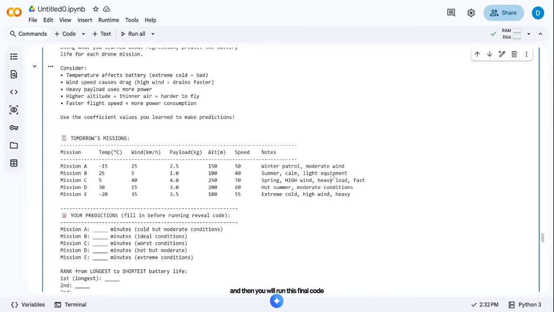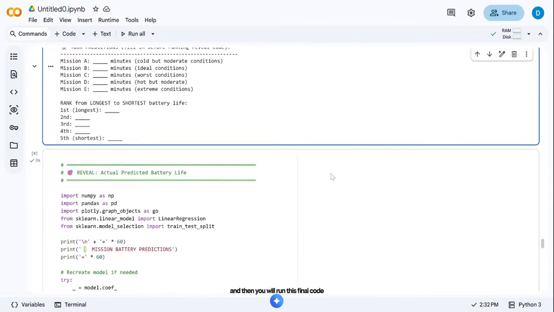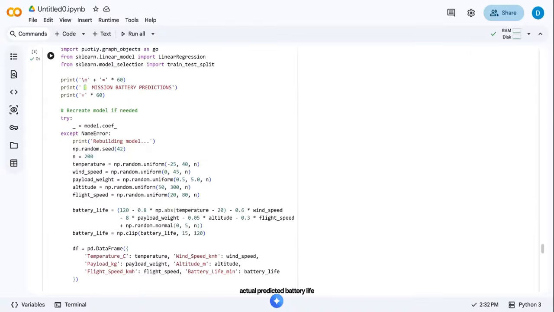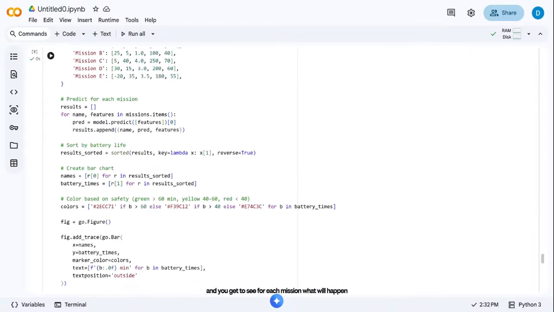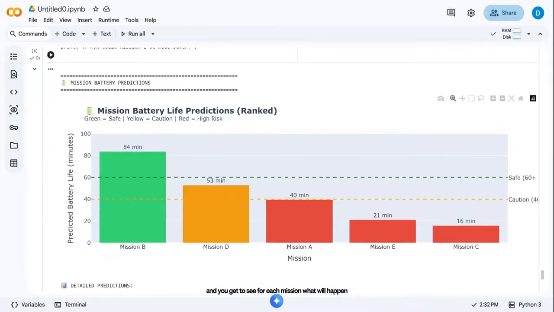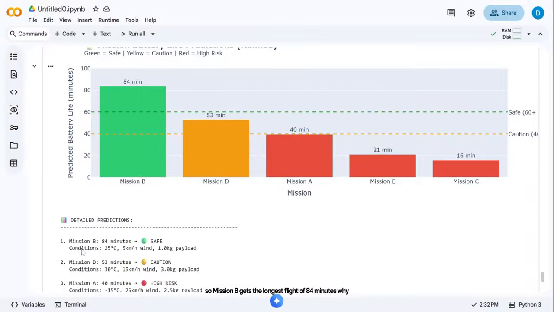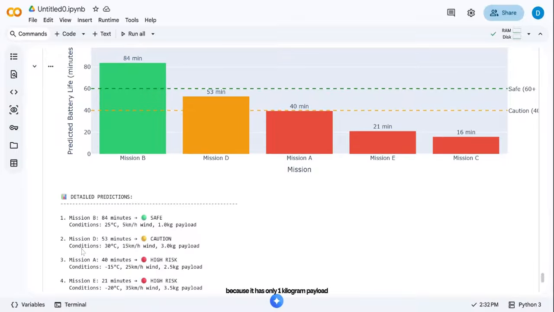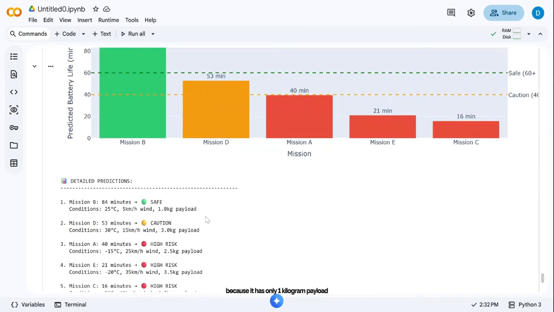Then you will run this final code, actual versus predicted battery life, and you get to see what will happen for each mission. Mission B gets the longest flight of 84 minutes. Why? Because it has only a 1 kilogram payload, and the wind is calm, 5 kilometers per hour. Temperature is warm, 25 Celsius. And so it's pretty safe.